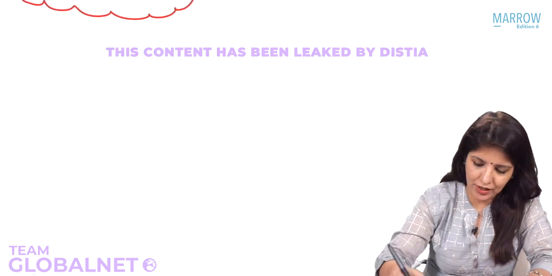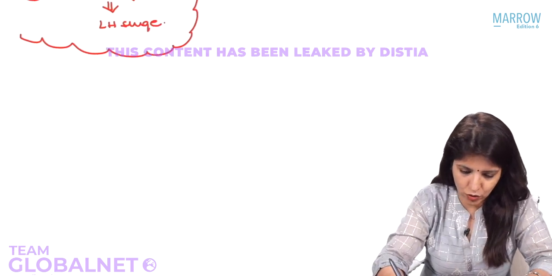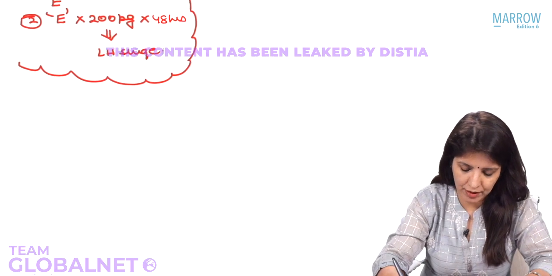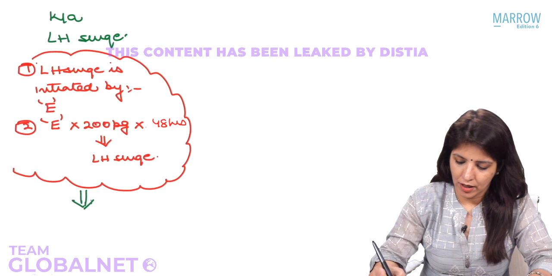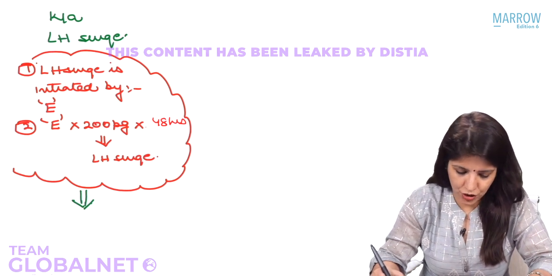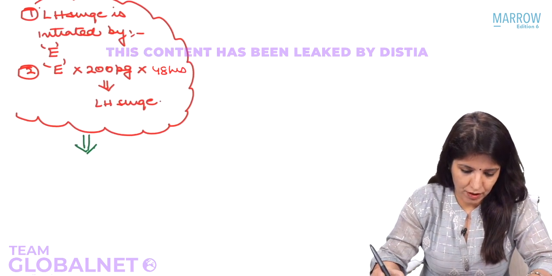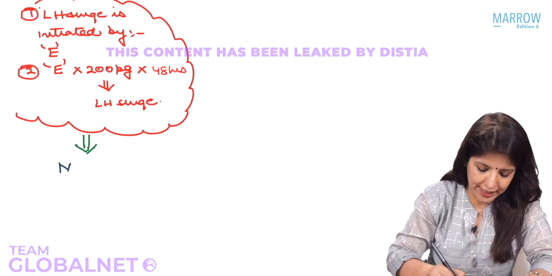Now, it is because of this LH surge that, see, continue your LH surge, make an arrow below that. Because of this LH surge, the meiosis 1 will get resumed.